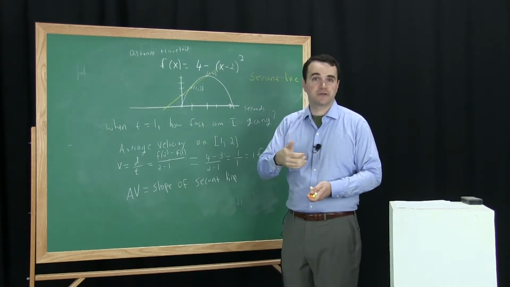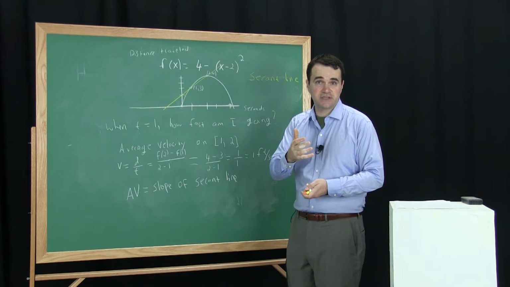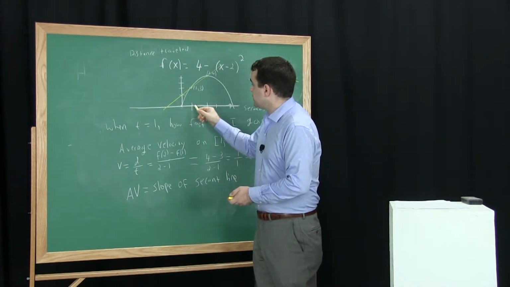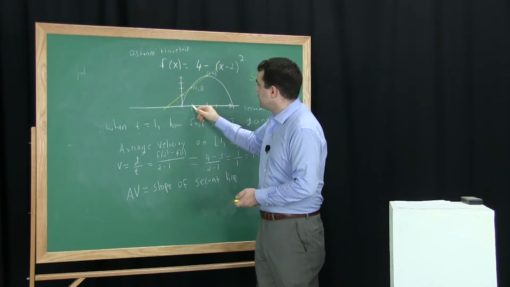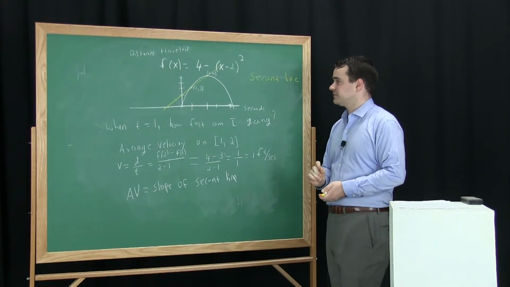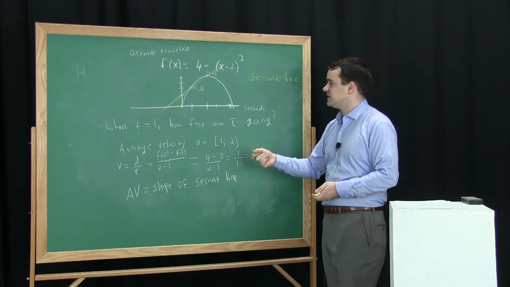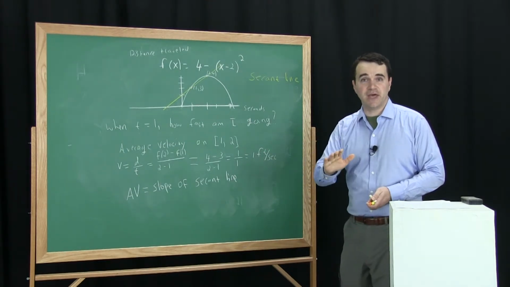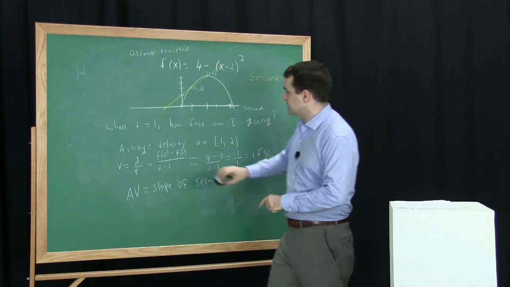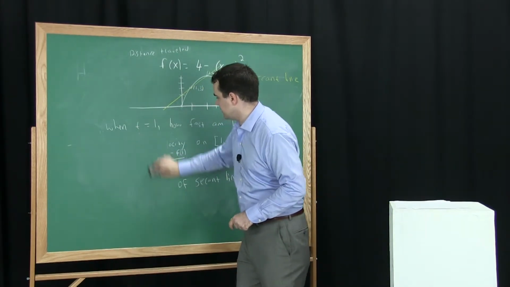It's going to look closer and closer to how fast I'm going instantaneously at that point. And then I might take 1 to 1 1/10 or 1 to 1 1/100. Take smaller and smaller intervals and calculate that average velocity. And then I want to take a limit of that, and that's going to tell me how fast I'm going at an instant. So let me show you how to do that.